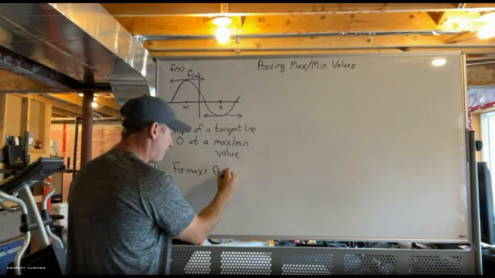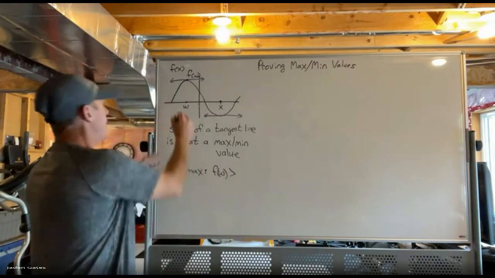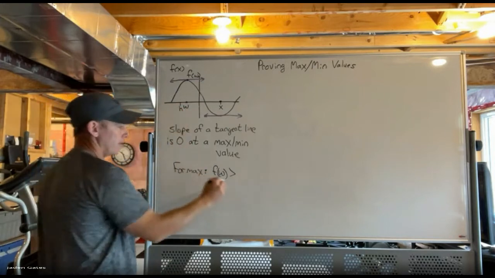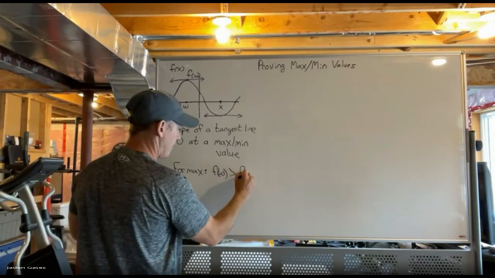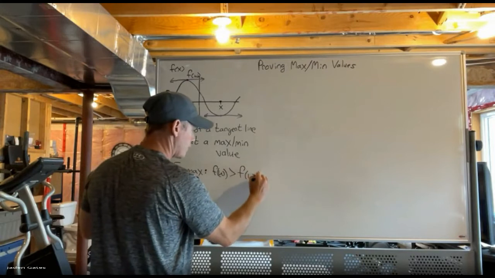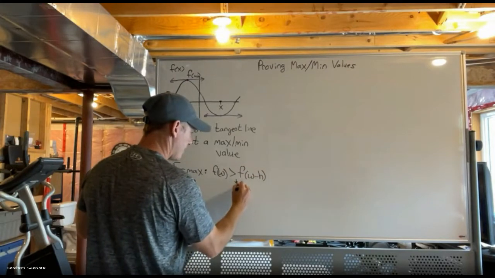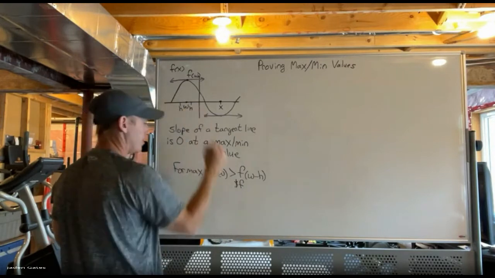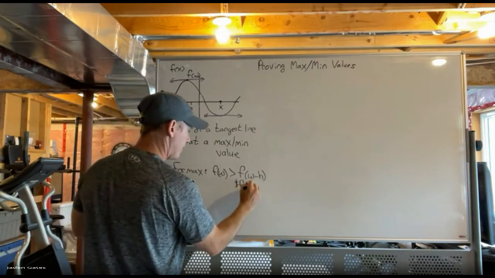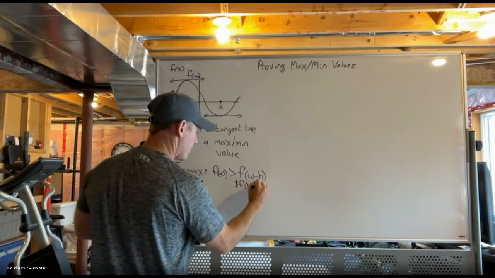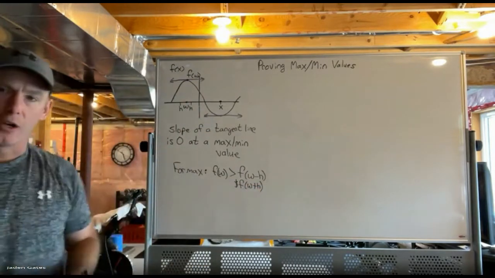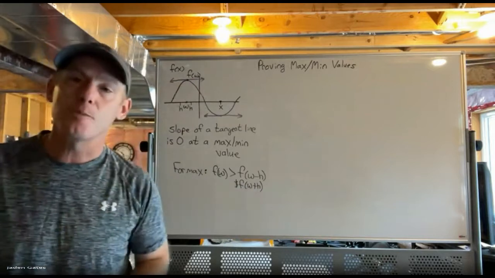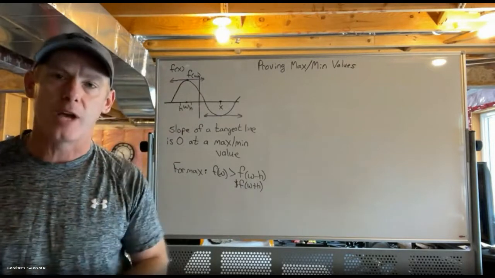So f of W is going to be greater than f of W minus h, where we go backwards by an amount h, and f of W plus h, where we go a little bit ahead by h. Anywhere near f of W, to the left or the right, is going to be a smaller amount because it is a max value.